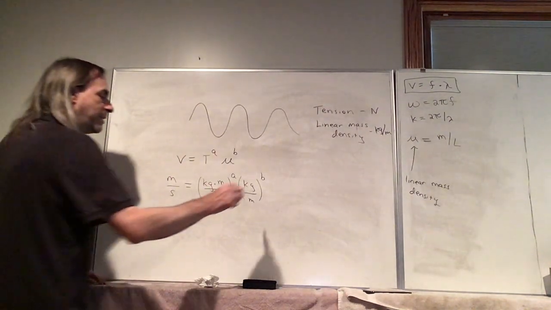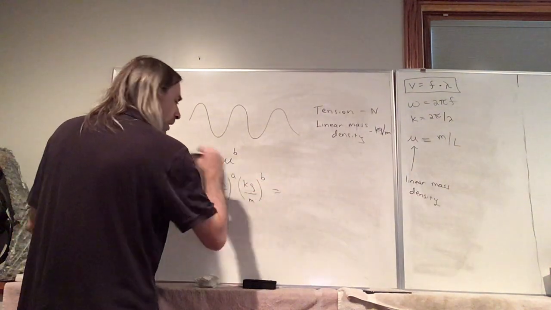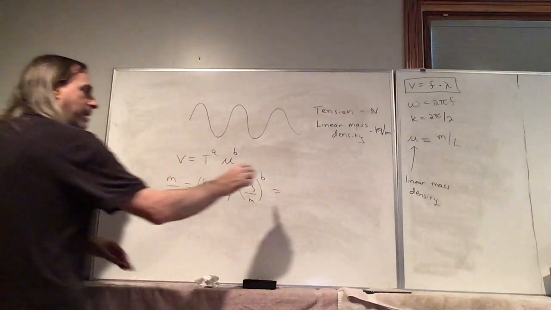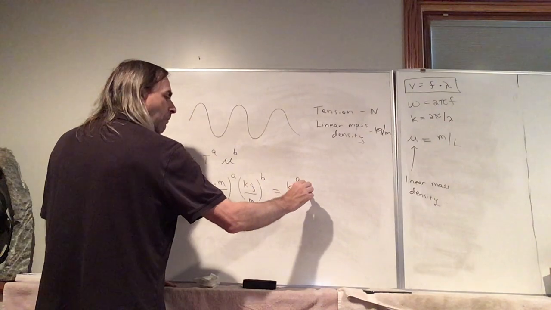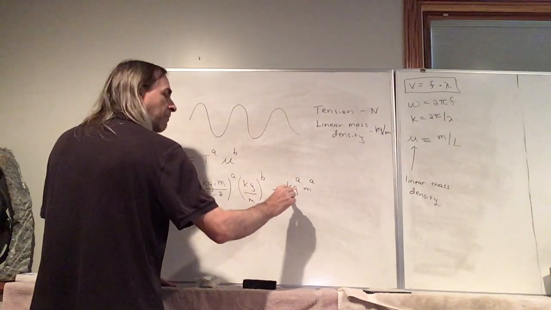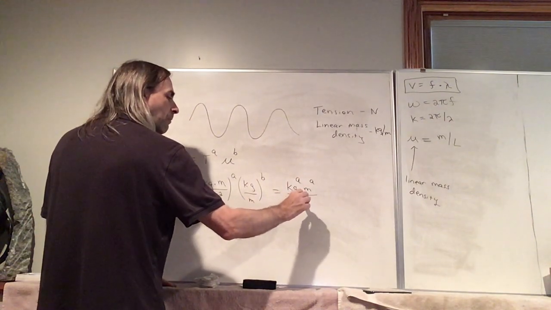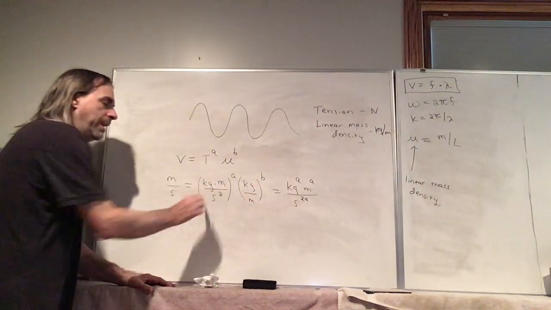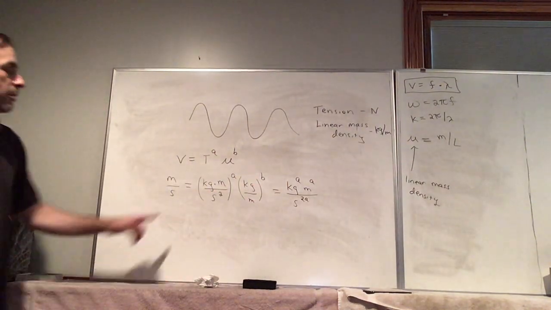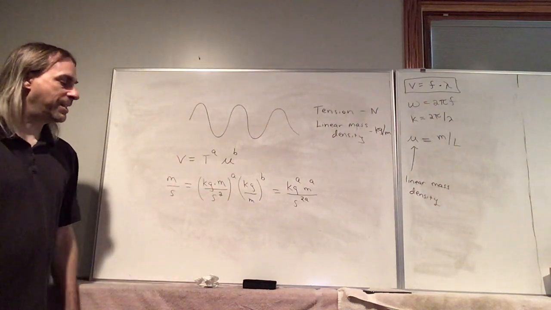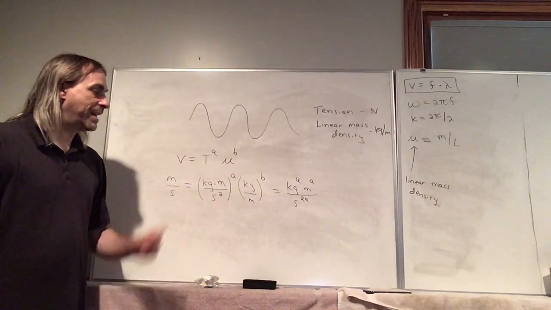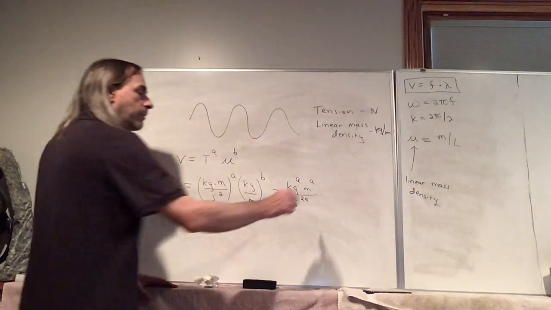So we can clean this up a little bit. I'm going to break it into pieces first. Exponent A applies to everything. So we have kilograms to the power A, meters to the power A, and because seconds are squared, we have seconds to the power 2A.